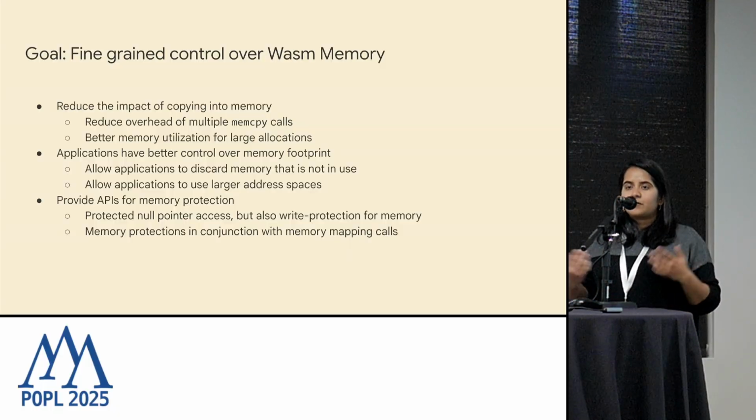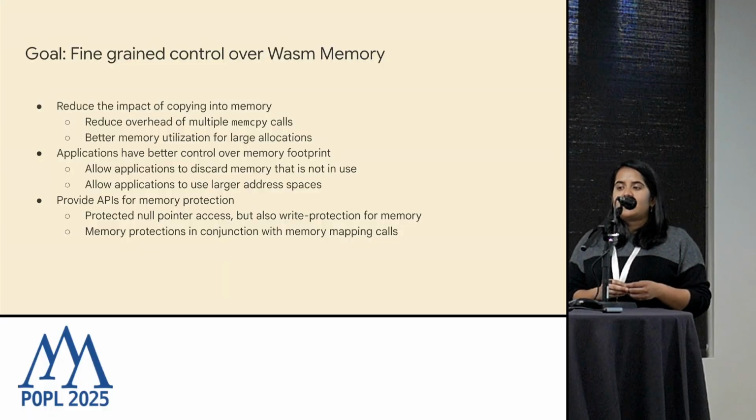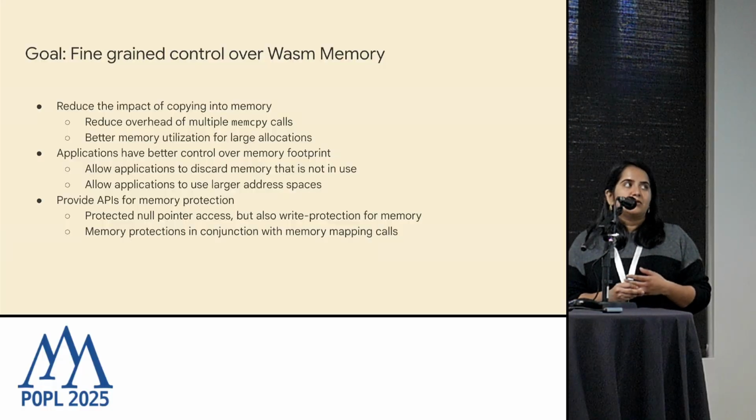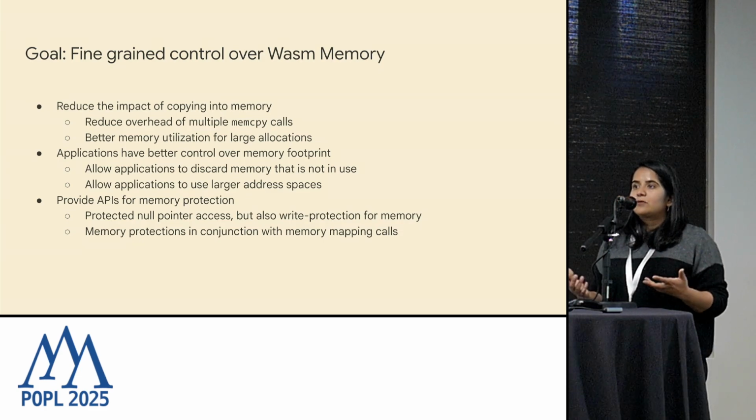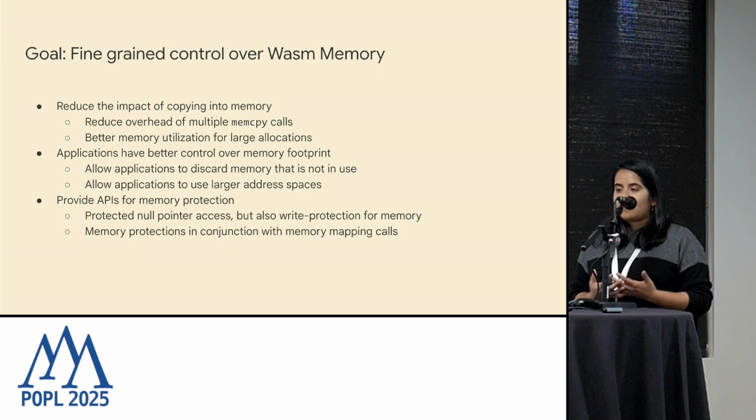So one of the proposals we have that are fairly early stage is memory control, where the goal is to provide fine-grained control over WASM memory. So what we want to be doing is reducing the impact of copying into memory.